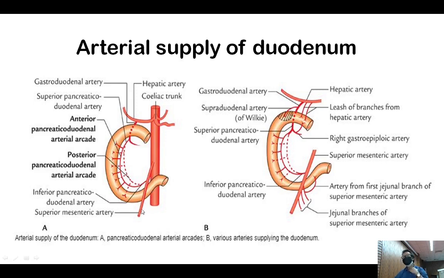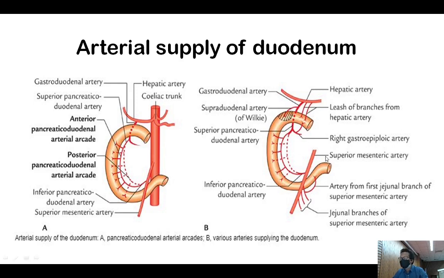From the lower end, it comes from the superior mesenteric artery giving branches. From the upper end, we have the celiac trunk, hepatic artery giving branches, and then you have many different branches. You can see this anterior pancreaticoduodenal arterial arcade. Arcade means the anastomosis of the blood vessels.